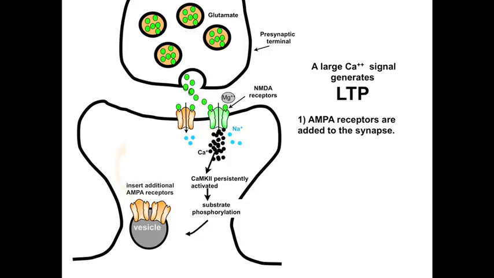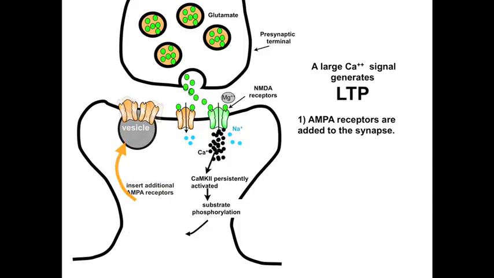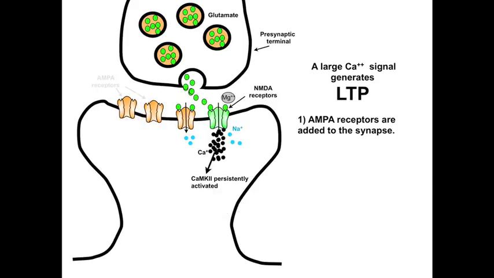But the net result of those events is that additional AMPA receptors are inserted into the synapse. Those new AMPA receptors can bind glutamate. So when the synapse is activated again, there are now more AMPA receptors that are opened, and hence there is more sodium influx into the cell, and thus a larger depolarization than there was before the new AMPA receptors were inserted.